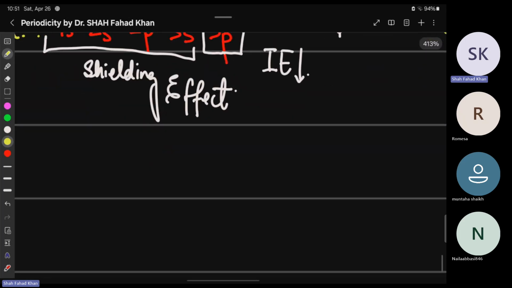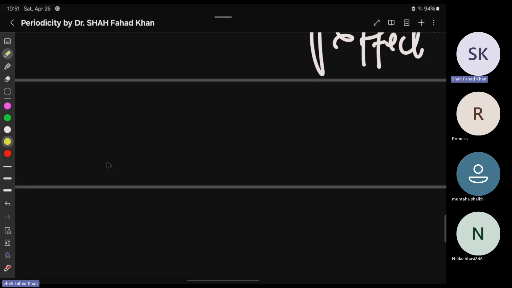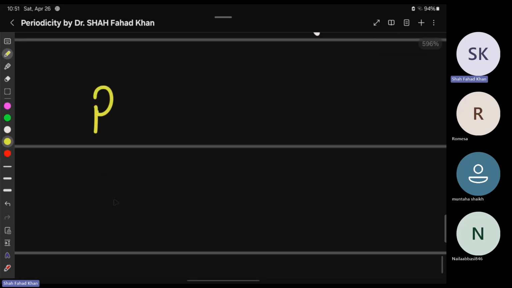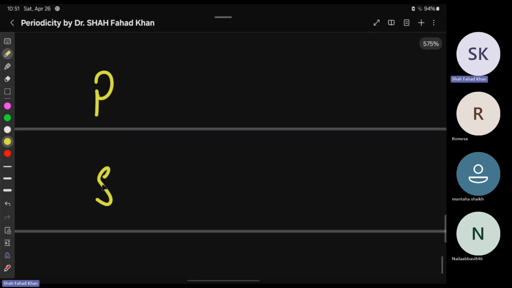Right, let's look at the second exception to the rule. The second exception to the rule is going from phosphorus to sulfur. So does anyone know why? Is there any exception going from phosphorus to sulfur? Both of them have the same shielding effect as well.